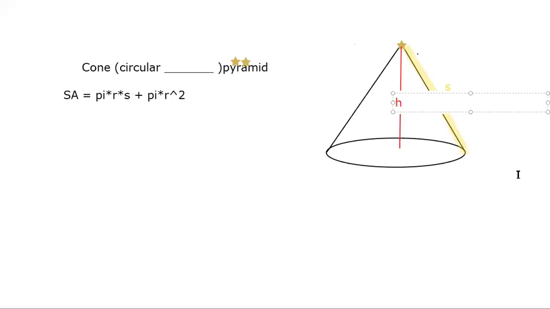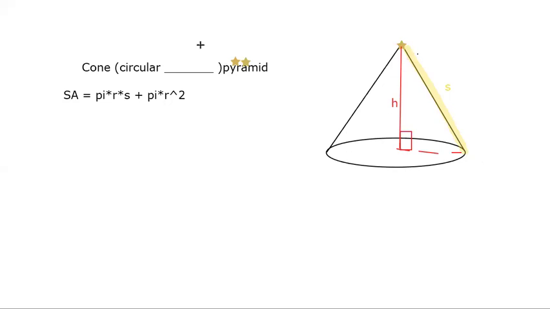I wonder what you're going to have to do to find height and slant height when you're trying to find the surface area of a cone. Because look here, when you combine these, what do you have? You have one of those handy dandy right triangles, and the slant height is simply the hypotenuse.